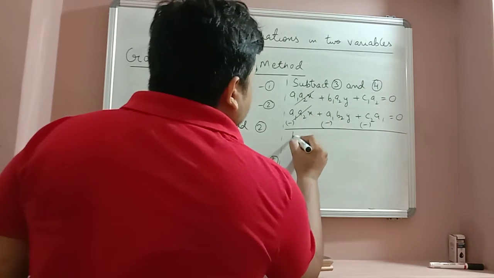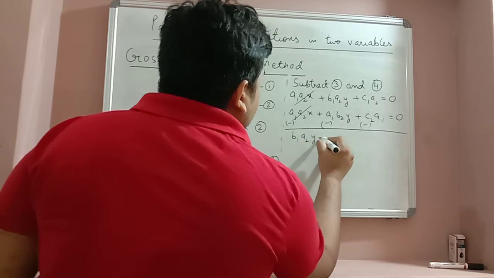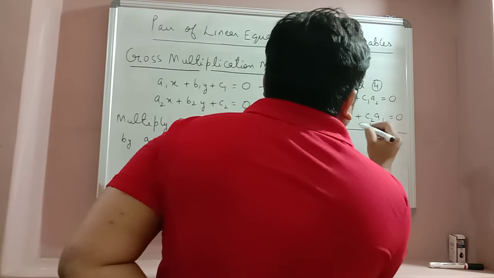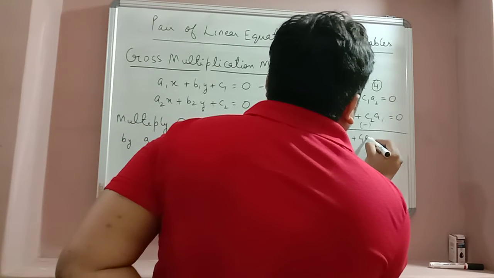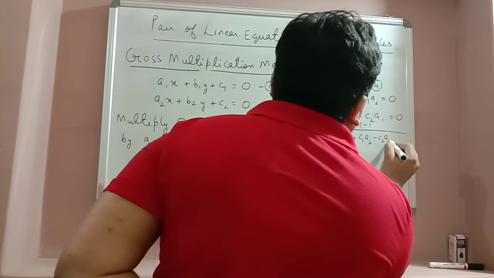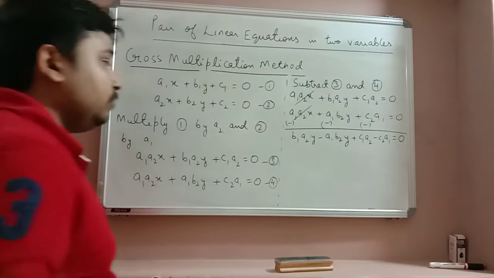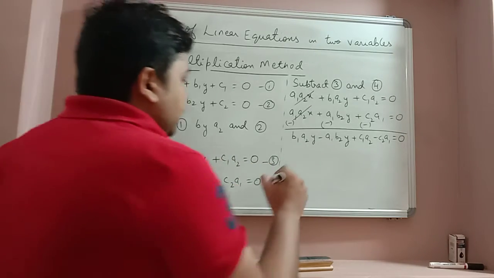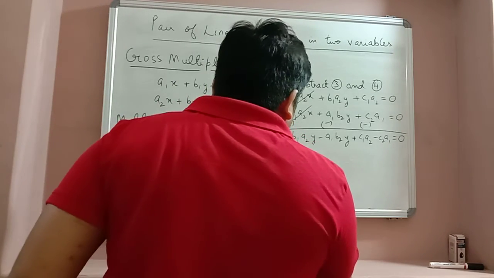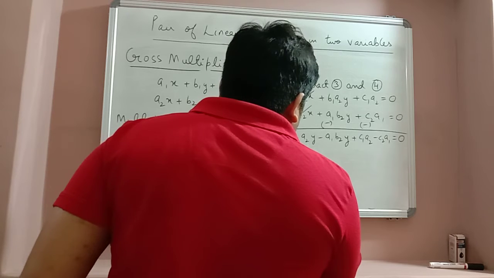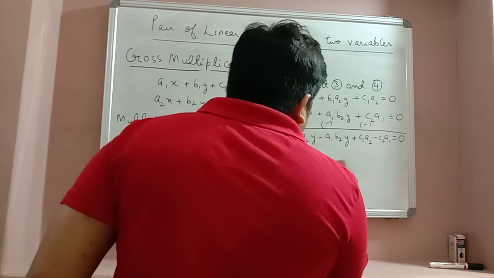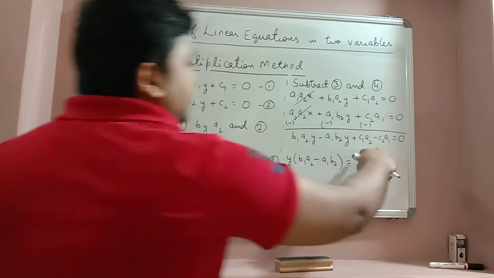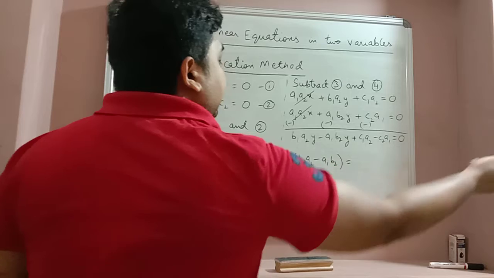We are left with b1 a2y minus a1 b2y plus c1 a2 minus c2 a1 equals 0. Now here I can take y common, so I am left with y times b1 a2 minus a1 b2, and let's shift these two terms on the right hand side.